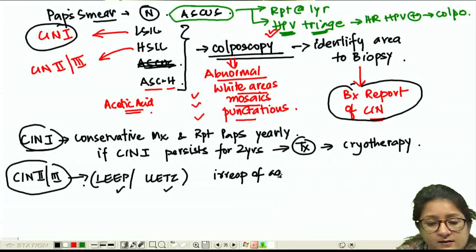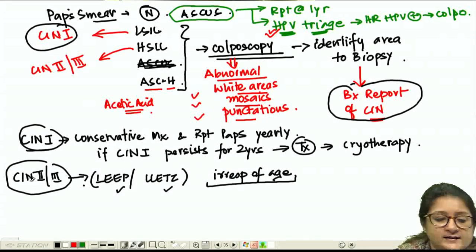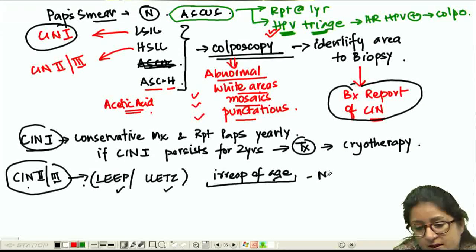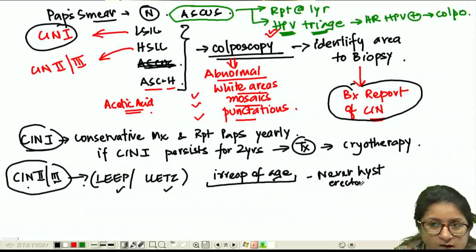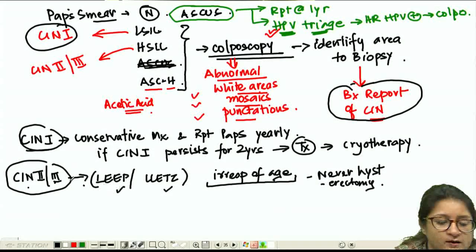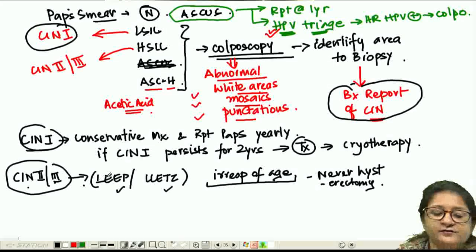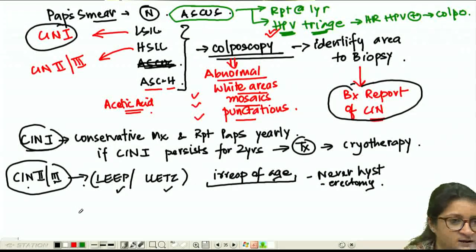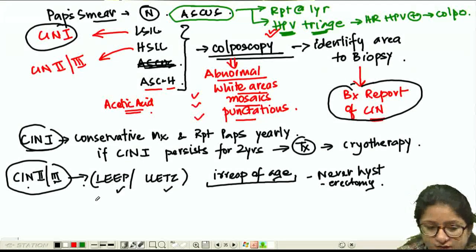There is no hysterectomy as far as CIN2-3 is concerned. Answer is never hysterectomy. Okay, so very, very important. Age 35 years, CIN2-3, answer is LEEP. Age 40, family complete, then also the answer is LEEP, it is not hysterectomy.